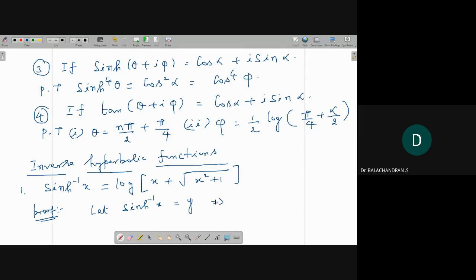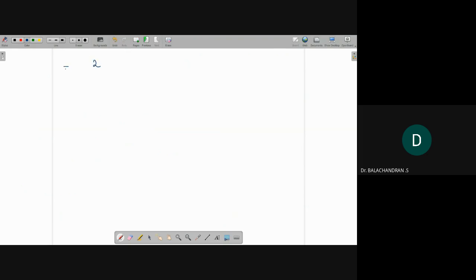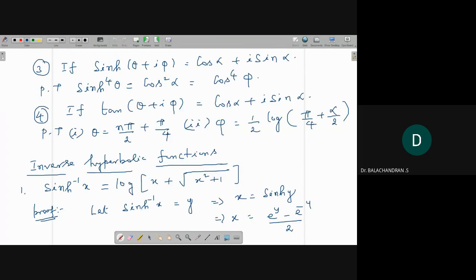So this implies x is equal to sinh y. So x equals sinh y, which is e to the power y minus e to the power minus y, divided by 2. Now cross multiply: 2x is equal to e to the power y minus 1 by e to the power y.